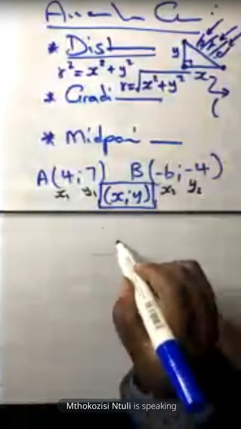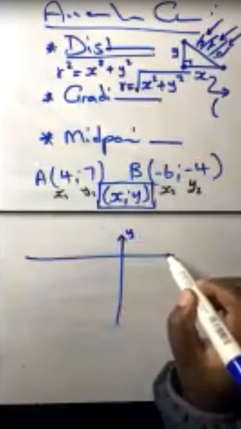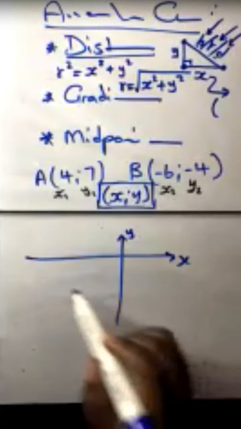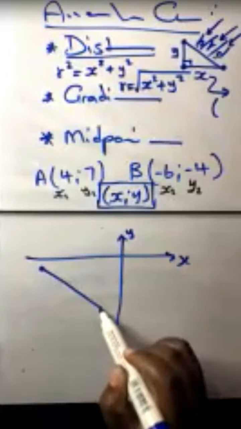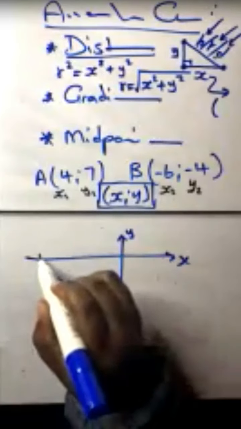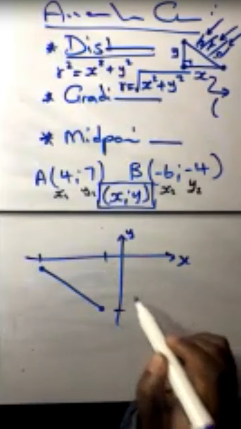So let's say we've got y, we've got x. Then we've got that line, something similar to that. We've got that, and we've got that.